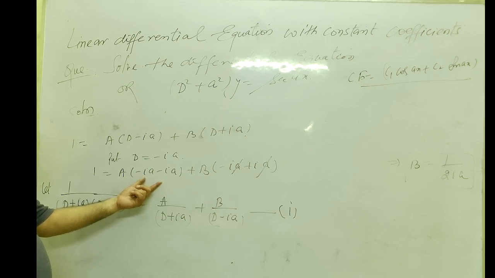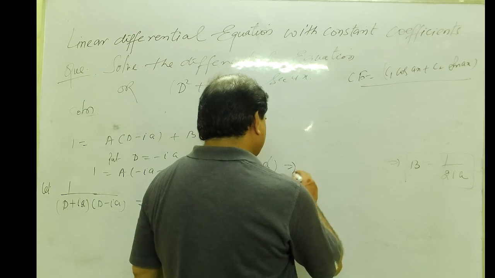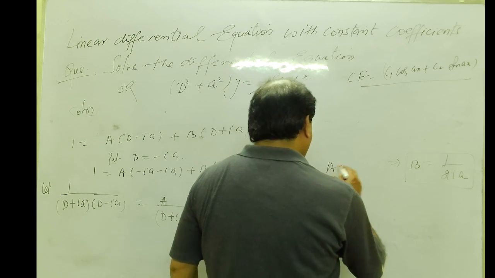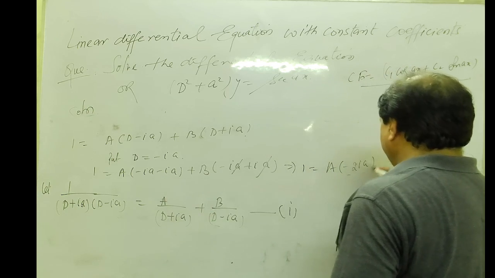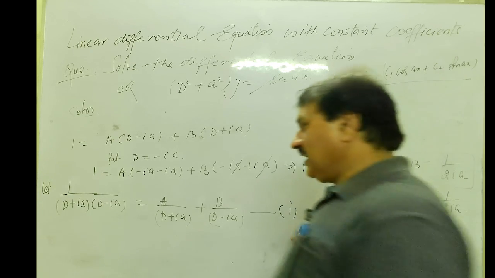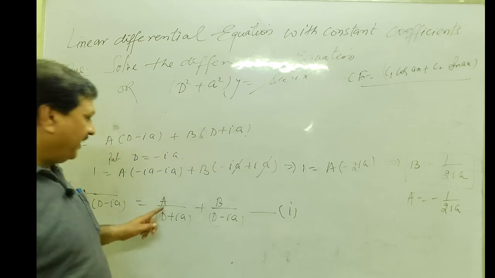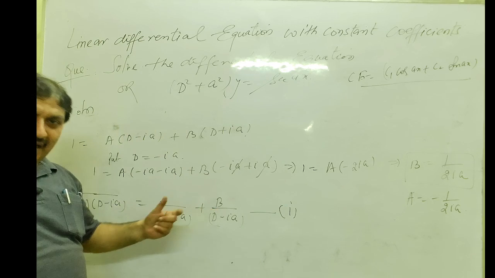That means 1 equals A times minus twice ia, or finally A equals minus 1 upon twice ia. Put this value in equation first: A equals minus 1 upon twice ia and B equals positive 1 upon twice ia.